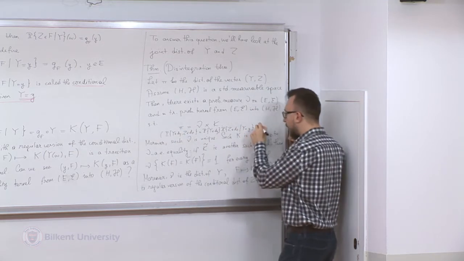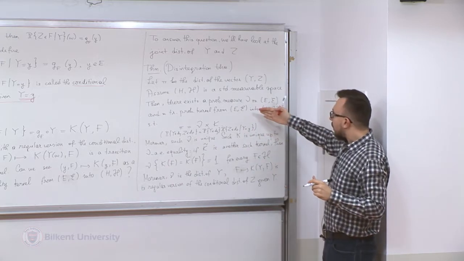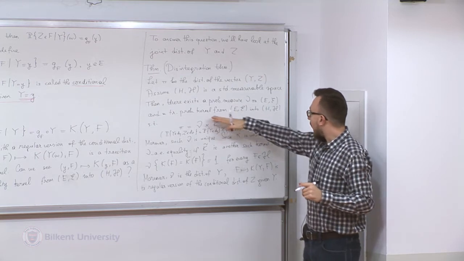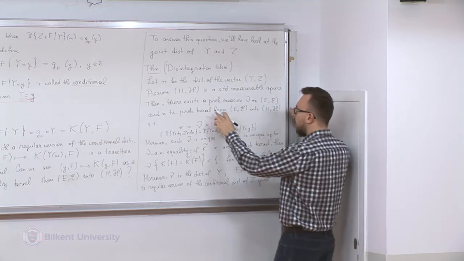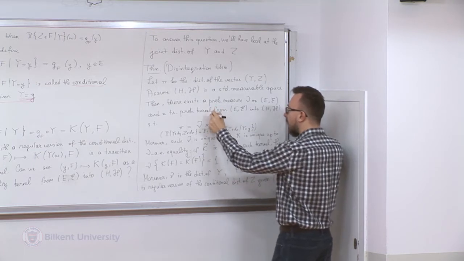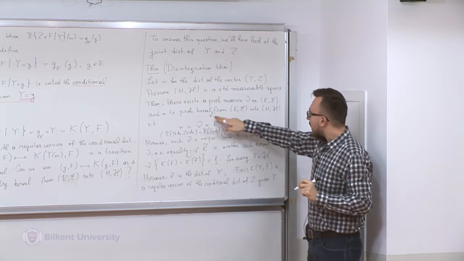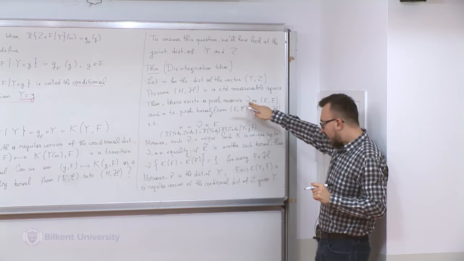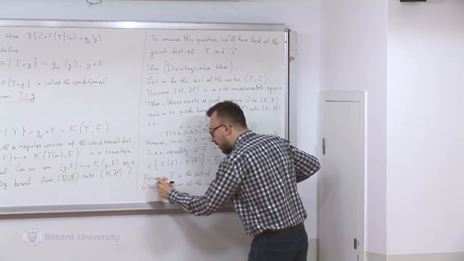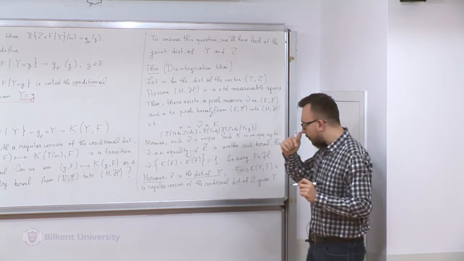This is what this theorem is saying. So we need to find some nu and some kernel k. So we need to construct them. But the theorem is already telling us how to construct them. Nu is the distribution of y.